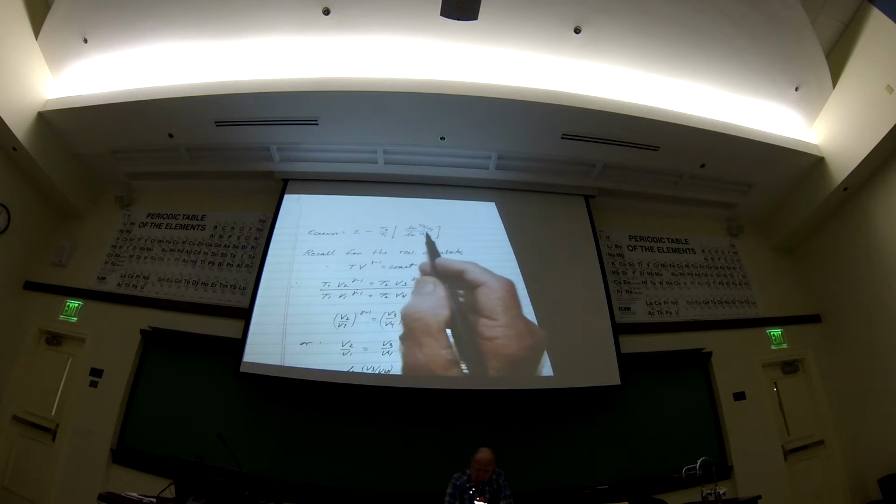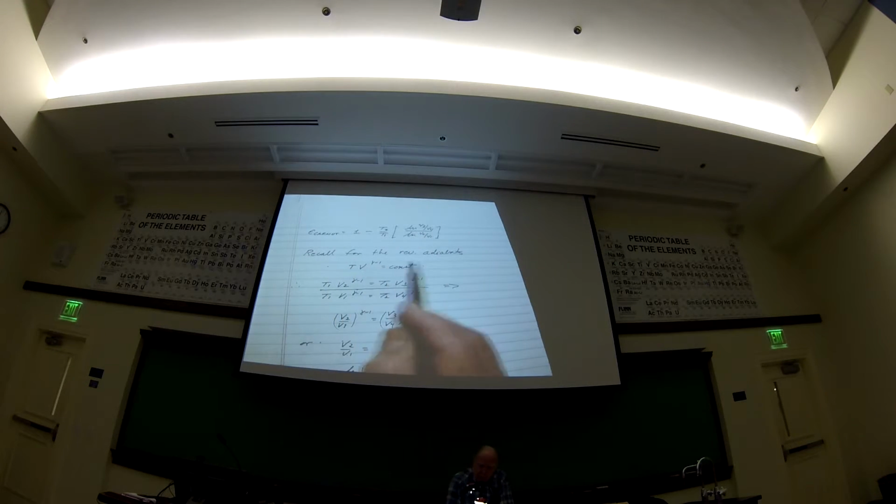So we have this result. Then I ask you to recall, for adiabatic reversible processes in an ideal gas, we had this expression, derived and used before, that the product of temperature times volume to the gamma minus 1 power is a constant. So if I go on that first adiabat, I've got T1 and T2, and the volumes are V2 and V3.